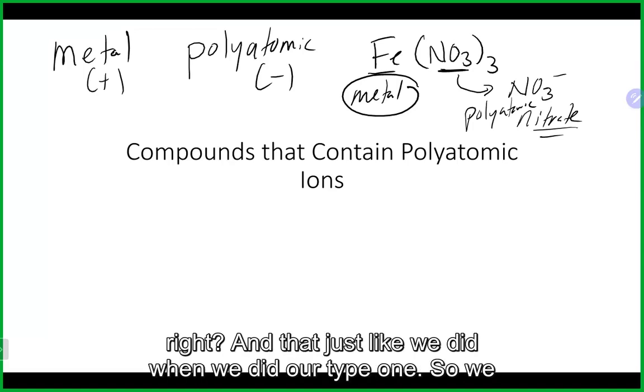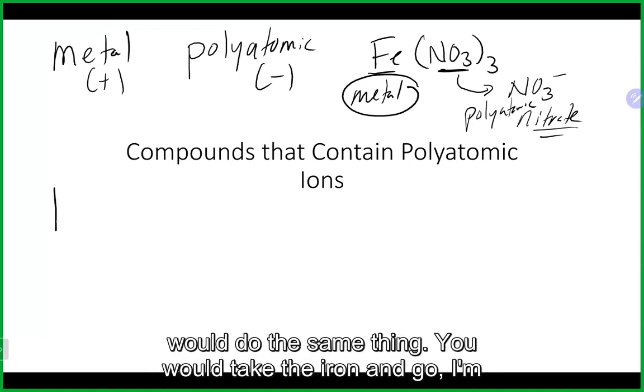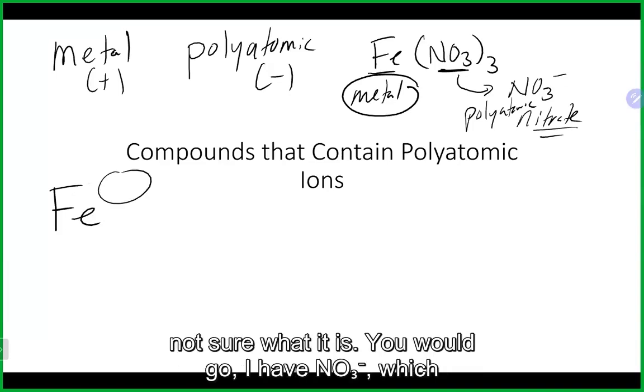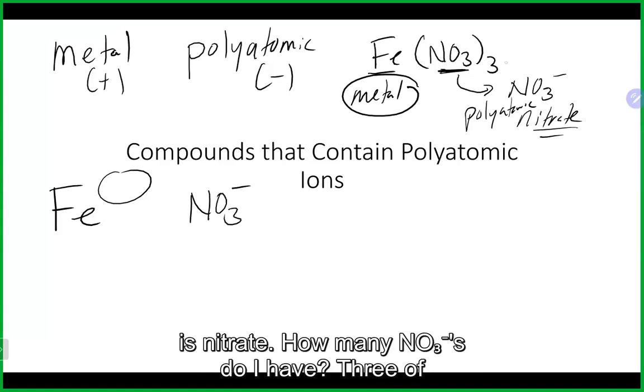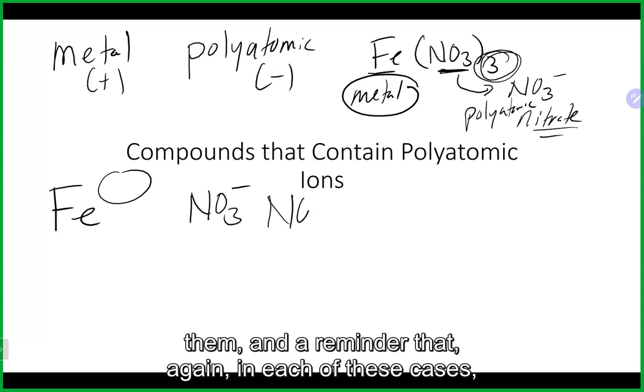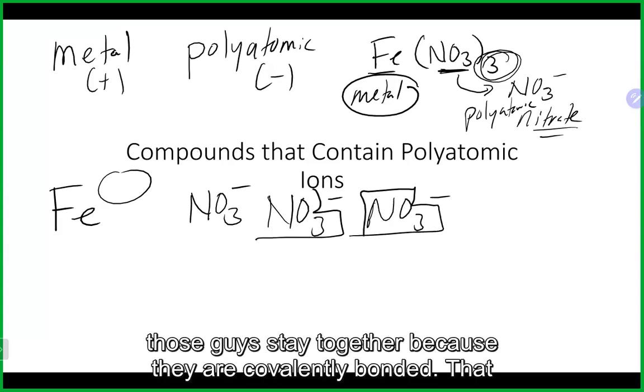And that's just like we did when we did our type 1. So we would do the same thing. You would take the iron and go, I'm not sure what it is. You would go, I have NO3 minus, which is nitrate. How many NO3 minuses do I have? I have 3 of them. And a reminder that, again, in each of these cases, those guys stay together because they are covalently bonded.